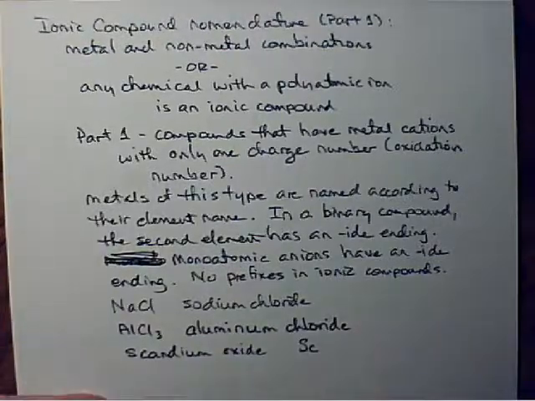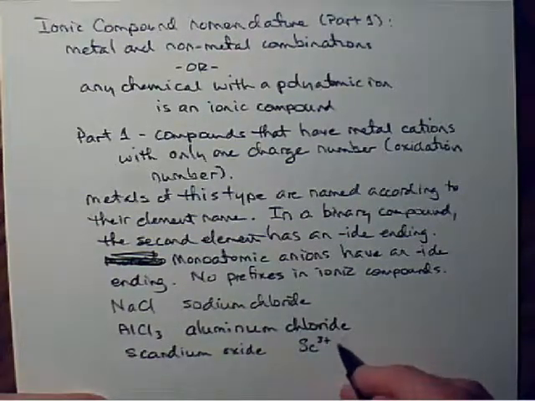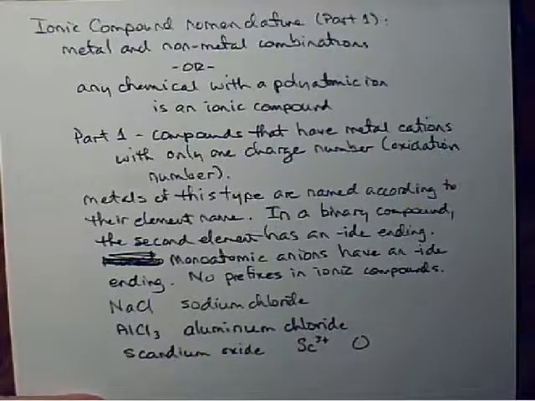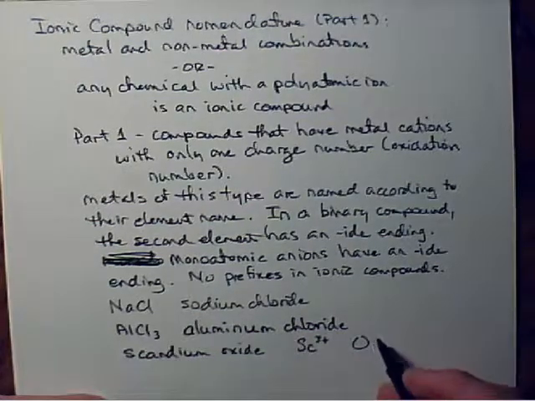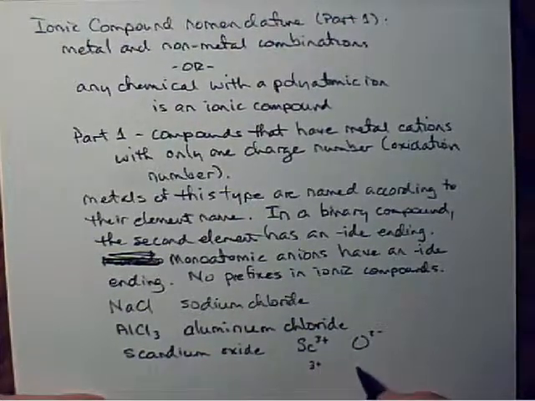So scandium is in column 3B of the periodic table. All of those elements have a 3 plus charge. Oxygen always has a 2 negative charge. If we called it peroxide, it would have a 1 negative charge. But since we're calling it oxide, it has a 2 negative charge. I need a compound that's going to have a neutral charge. So I have a 3 plus charge here.